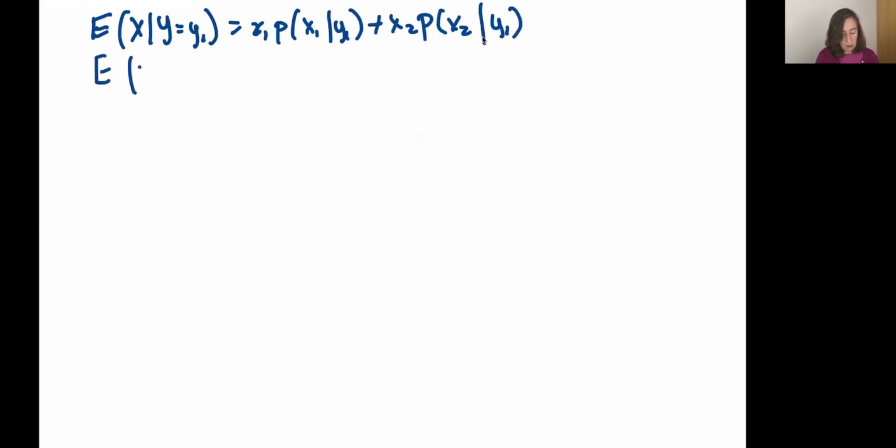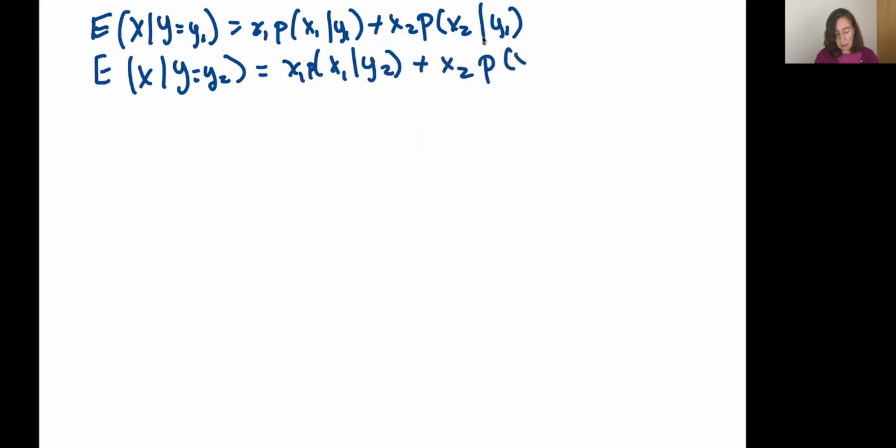And similarly, the expected value of x conditional on y equaling y2 is x1 times the probability of x1, now conditioning on y2, plus x2 times the probability of x2, still conditioning on y2.